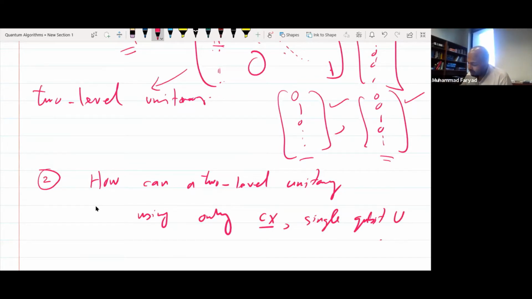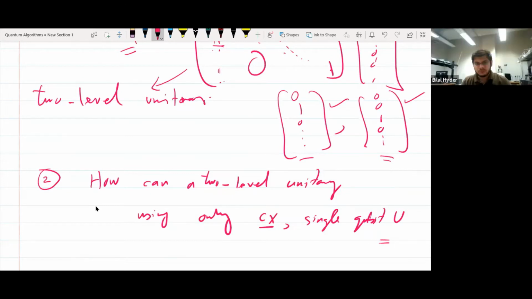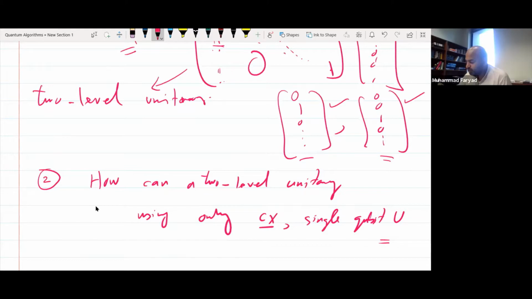So after this step, we would have shown that any general n qubit unitary operation can be represented using 2 qubit CX and a single qubit U.